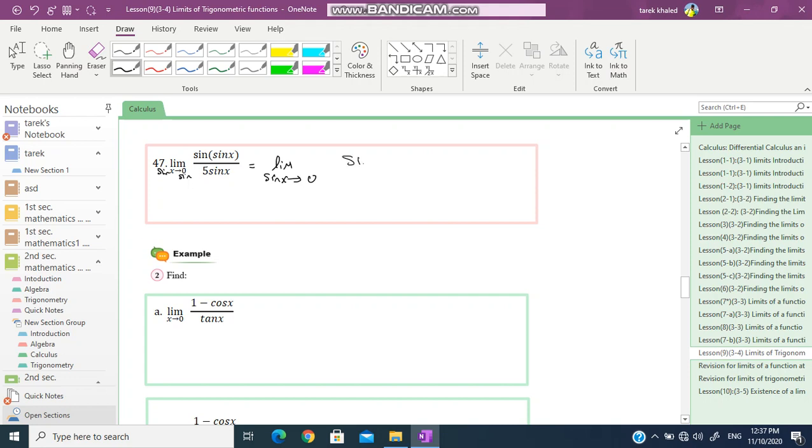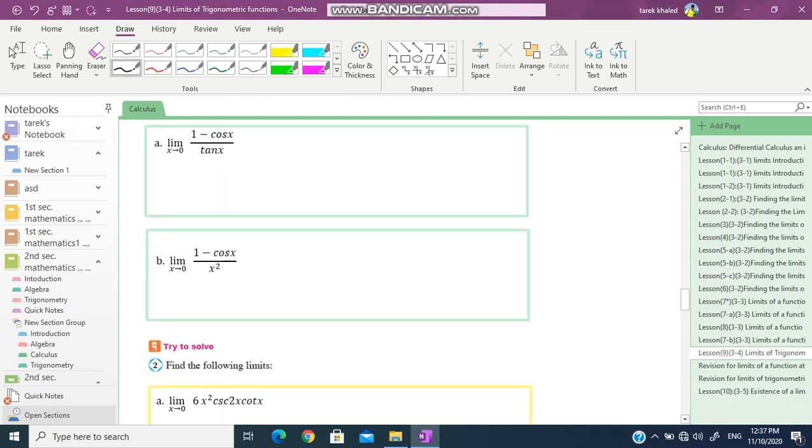So we have sine of sine x over 5 sine x. Let sine x equal y, so y approaches 0, and sine x here will be y. So the limit as y approaches 0 of sine y over 5y equals 1 over 5.